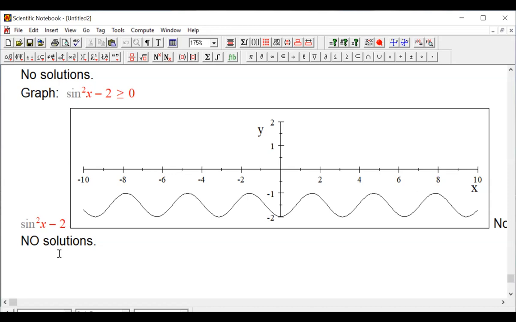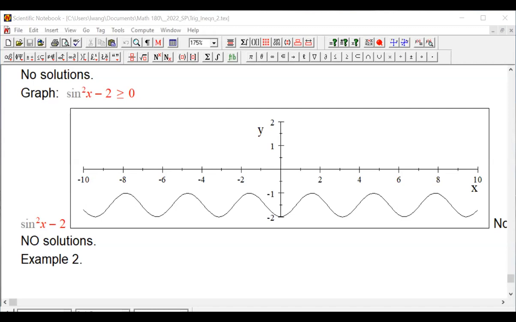So now let's look at the second one, example number 2. Here we have a quotient situation. In this quotient situation, the inequality we're solving is like this.